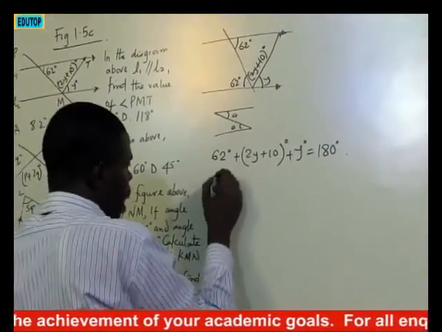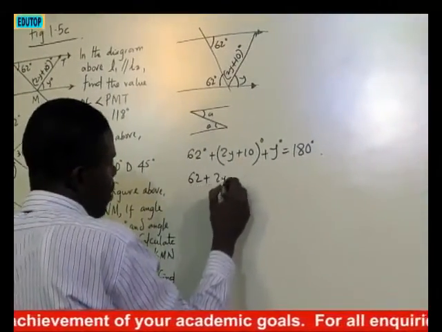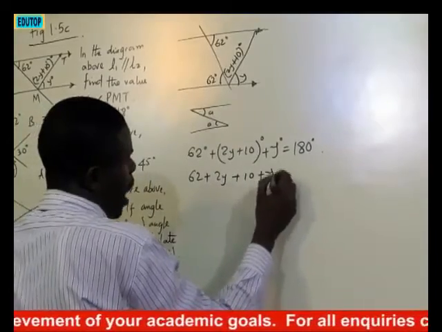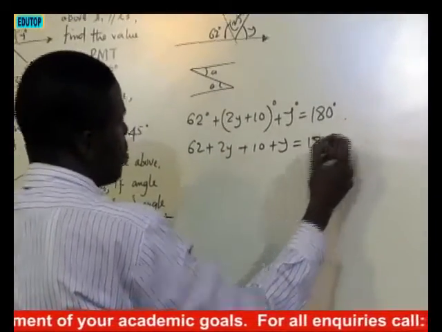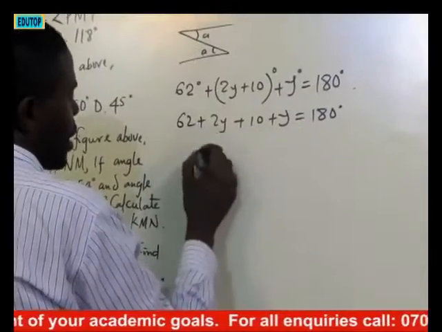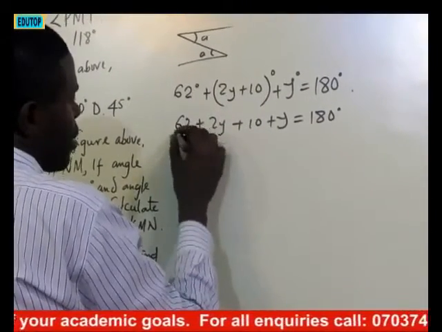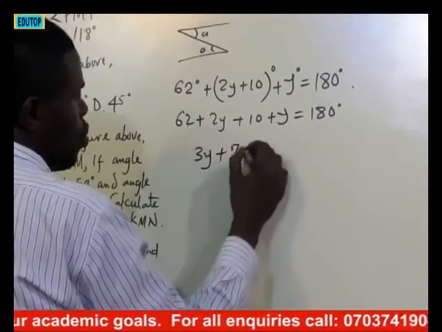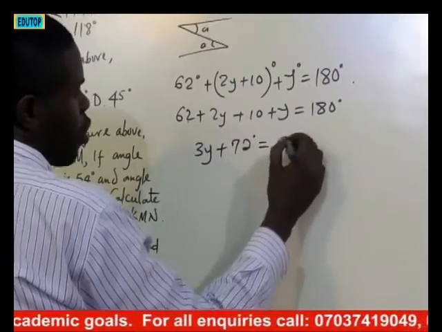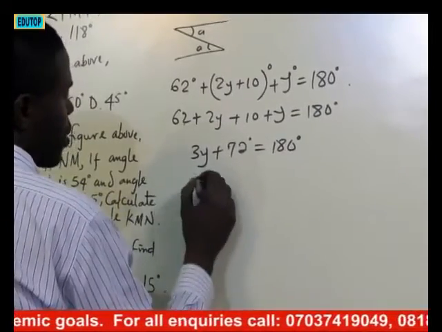So let me open this. I have 62 plus 2y plus 10 plus y equals 180 degrees. Now, y plus y, 3y. 62 plus 10, that's 72 degrees, which is equal to 180 degrees. Collect like terms.